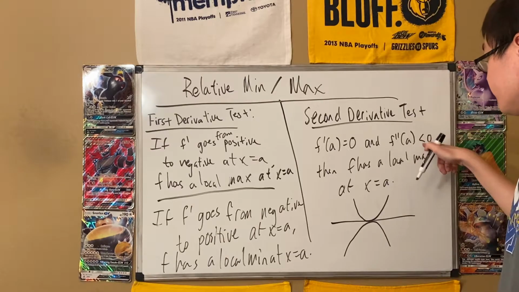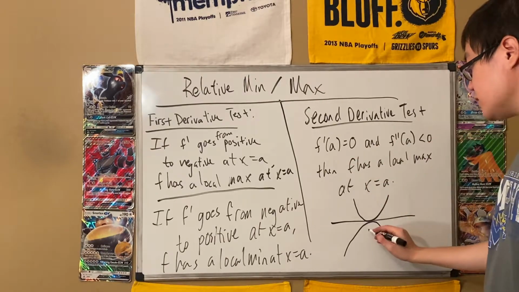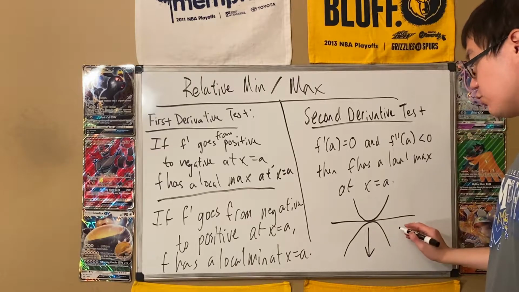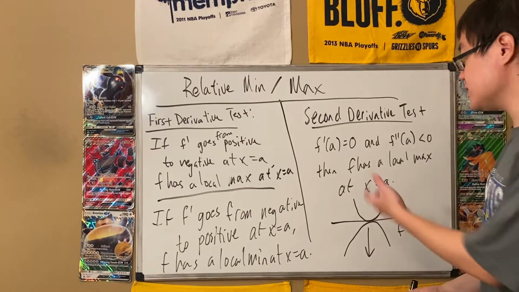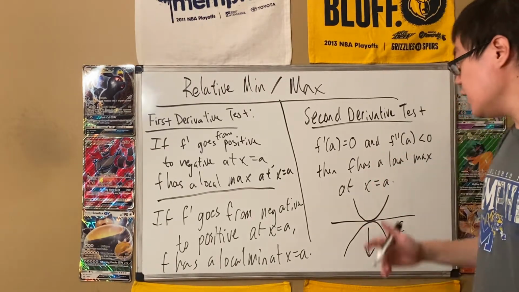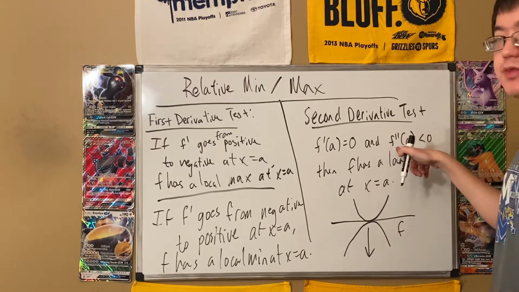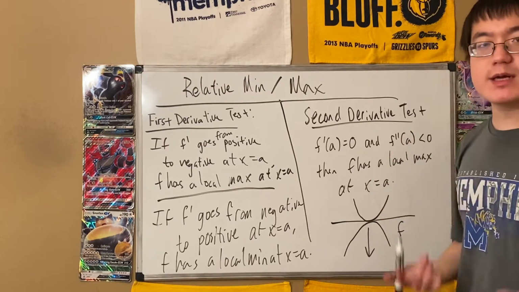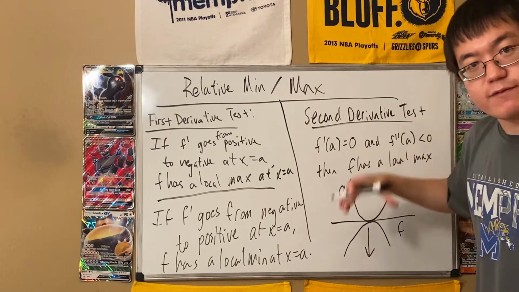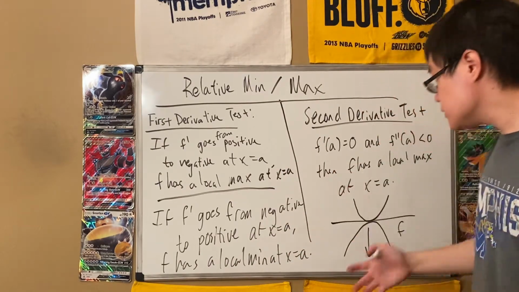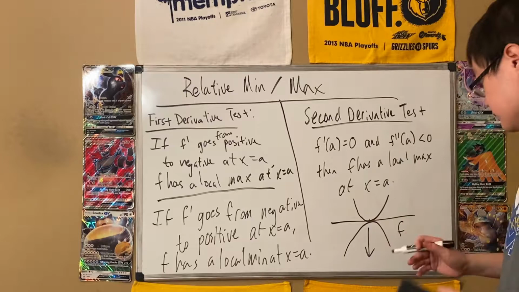If it's negative, like in this case right here, notice that you're going to be concave down. This is a graph of f, which is why f has a local max. So it's a little bit weird because local max goes with negative, but it's only because of the concavity. You want it to be concave down, you want to be eating the floor, so that means that this is going to be a max.